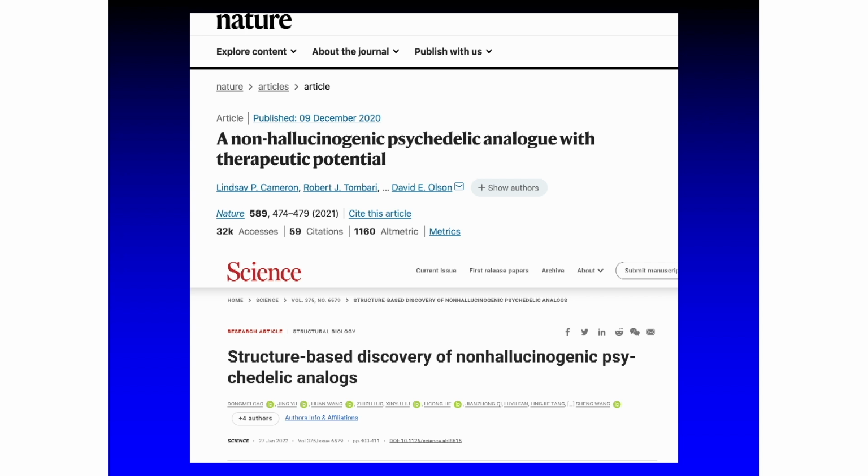There were some studies published in which selective compounds that might not induce hallucinogenic effects might be characterized by a very selective mechanism of action that involves only one receptor.